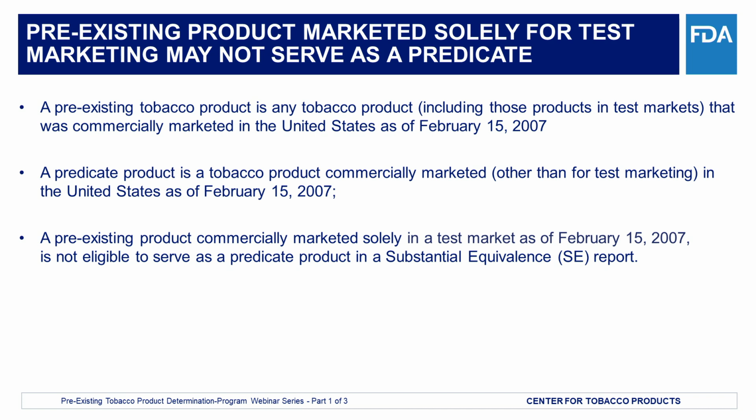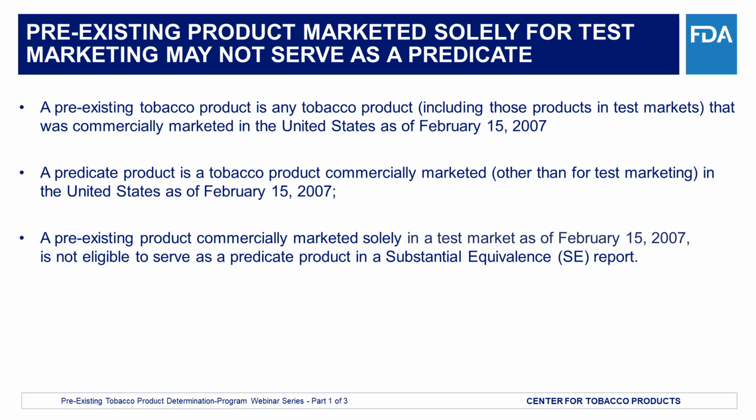Section 905 of the Act describes products that can serve as valid predicate tobacco products to include a tobacco product commercially marketed, other than for test marketing, in the United States as of February 15, 2007.